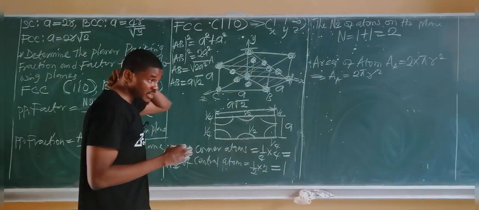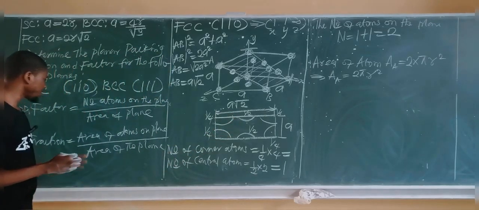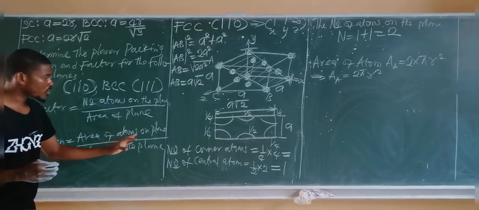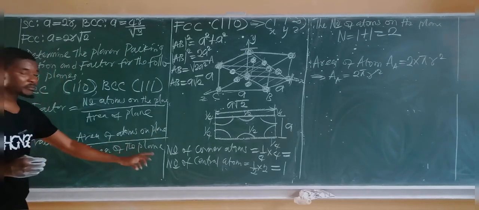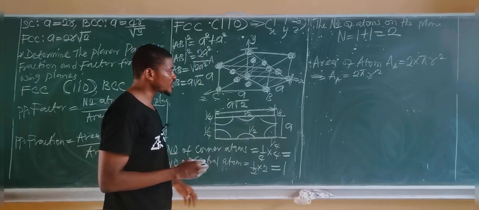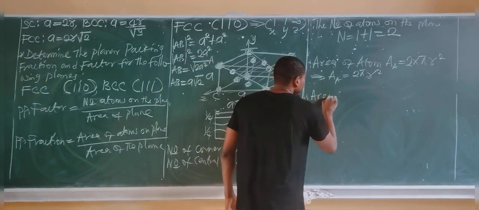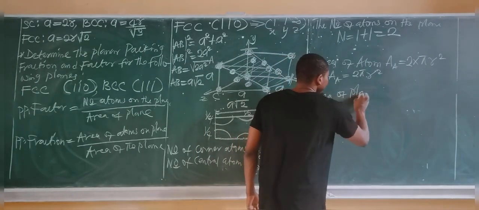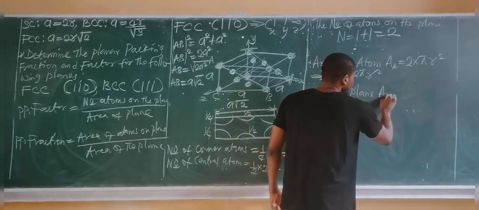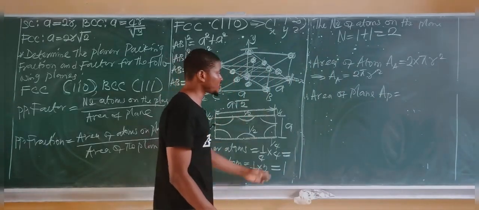Now that we know the area of the atom, let's find the area of the plane. Remember, it is the area of atoms on a plane all over the area of the plane. This plane is rectangular in shape. Therefore, the area of the plane, call this AP, is equal to the area of a rectangle, which is the length times the width.